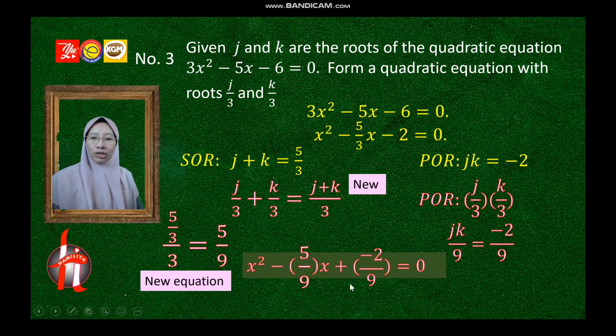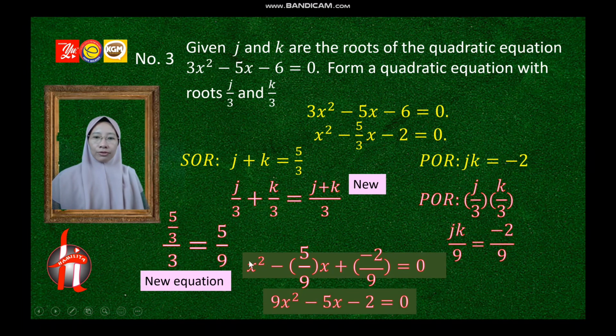But I'm going to simplify together with this denominator 9. So you multiply everything with 9, so you get 9x squared minus 5x minus 2 equals 0. So this is our quadratic equation with the roots of j over 3 and k over 3.